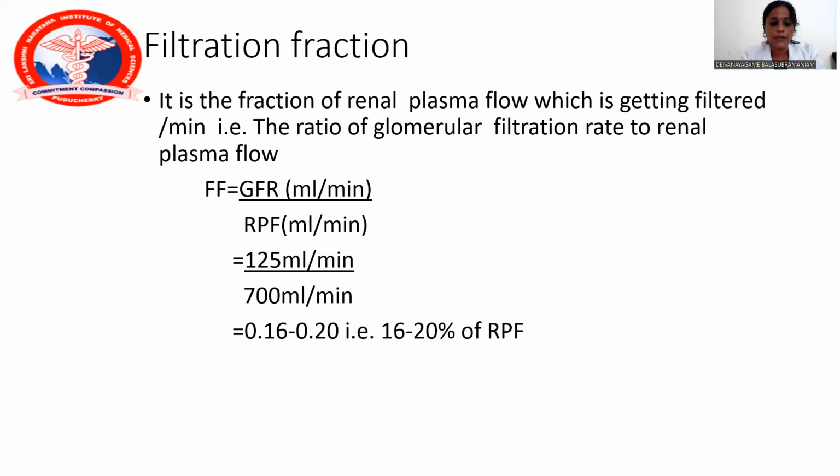So normally filtration fraction is equal to GFR in ml per minute, divided by renal plasma flow in ml per minute. So 125 ml per minute GFR divided by 700 ml per minute renal plasma flow. So you are getting a value of around 0.16 to 0.20. That is 16 to 20% of the renal plasma flow is getting filtered.